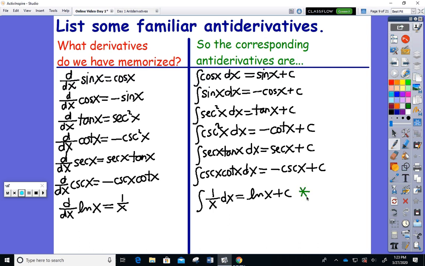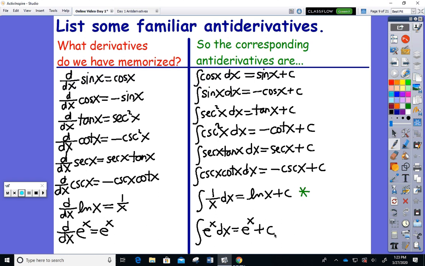There's a little more to this that I don't want to get into now, but I'm going to sort of refine that in later lessons, okay? So if I'm thinking about logarithms, then I also want to think about exponentials. So do you remember that the derivative of e to the x is just e to the x? So the antiderivative of e to the x is also e to the x.